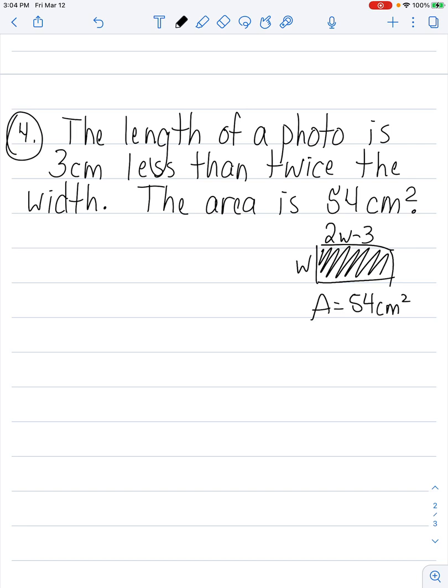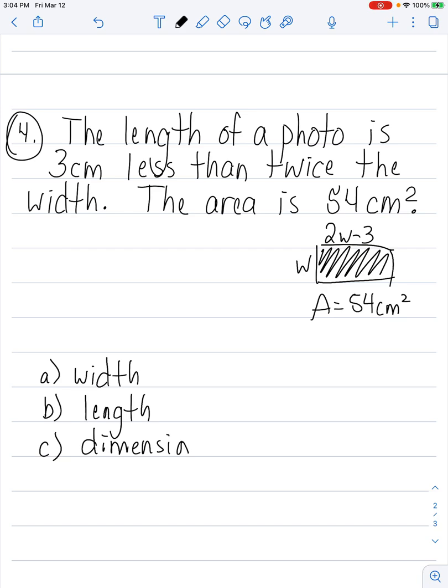Sorry about that. Here are some questions that you might be asked. They might ask you, what is the width? They might ask you, what is the length? They might even ask you, what are the dimensions? Like you've heard of a picture that's a 4 by 6 or a 3 by 5. Let me show you how to do this.